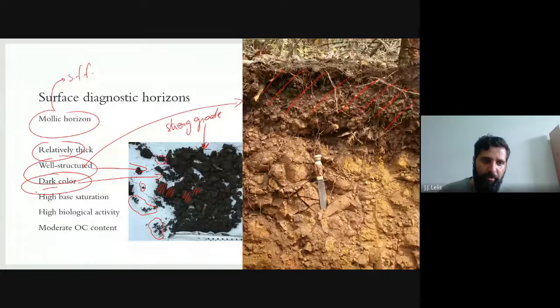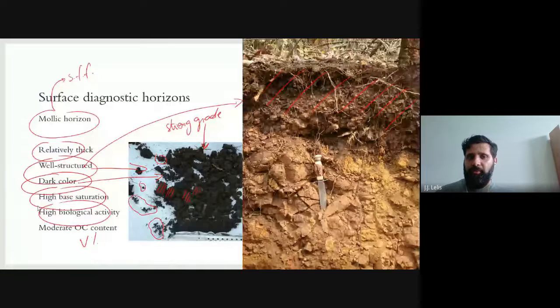And it also should present a high base saturation. So the V value should be equal to or higher than 50. It should present evidence of high biological activity.